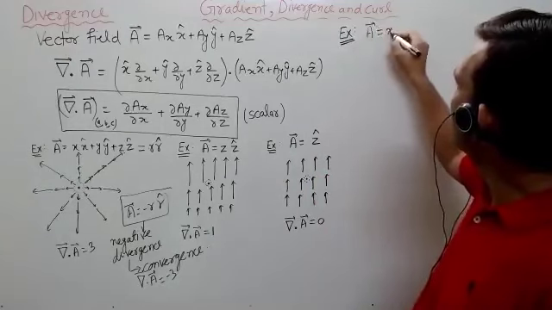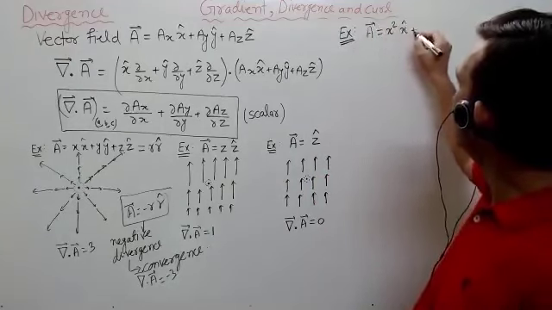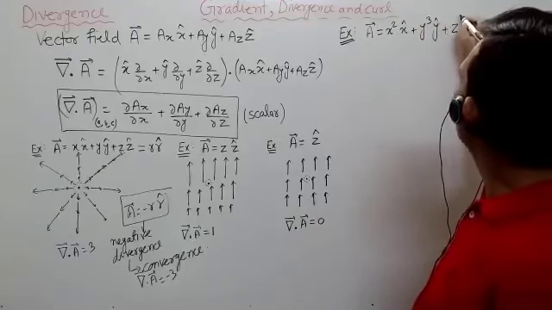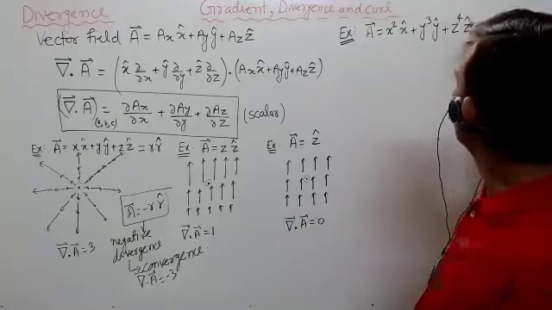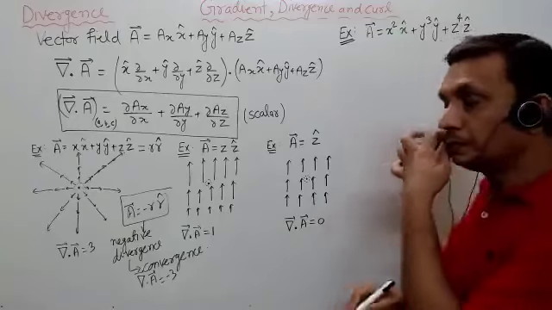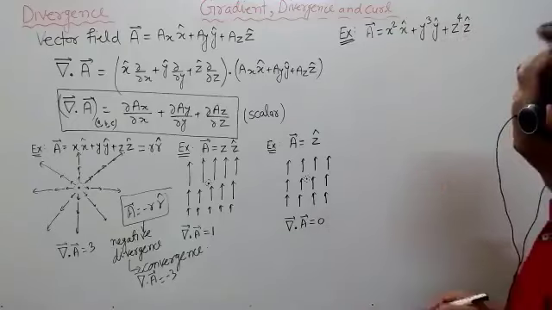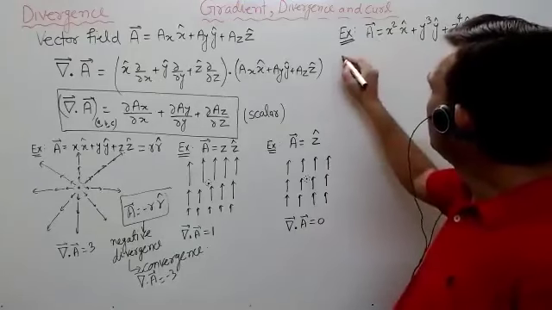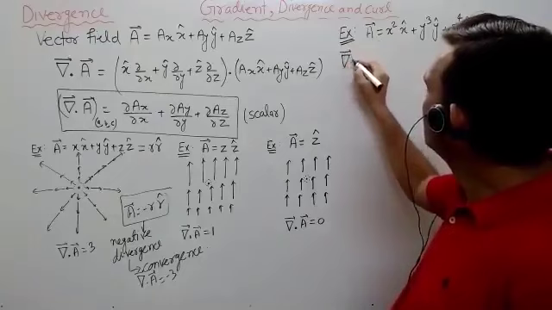Let us take another example, x square x cap plus y cube y cap plus z power 4 z cap. So this is some other vector field. Now in this vector field, what will be divergence?